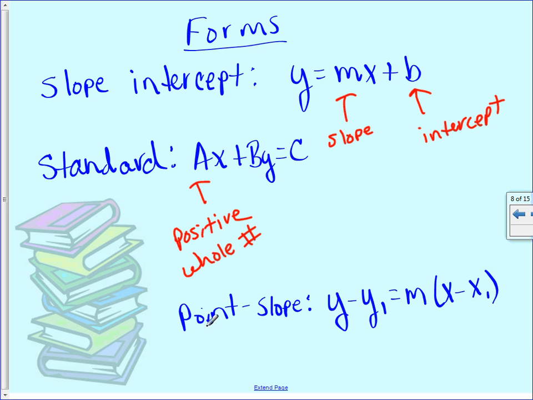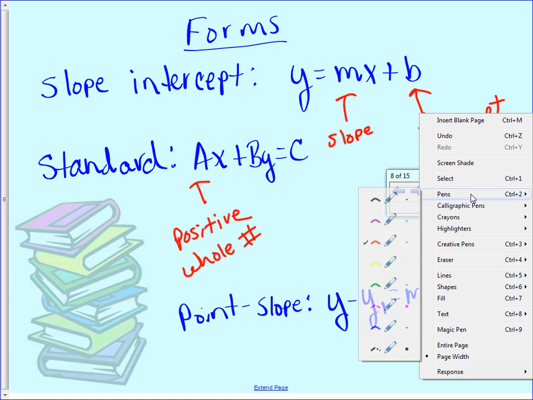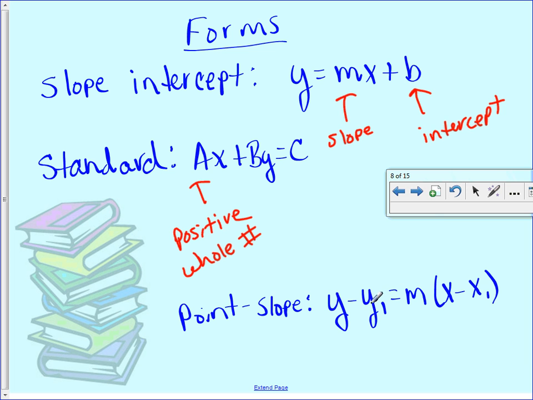Why do you think they call it point slope instead of slope intercept? Well, it's because you have a point and a slope. Point, point, slope.